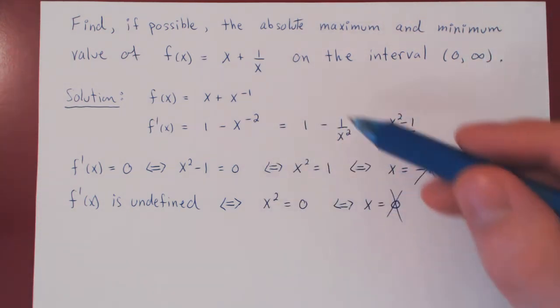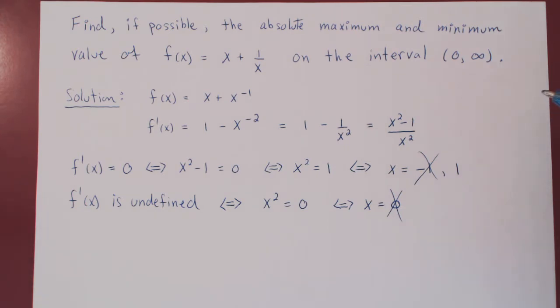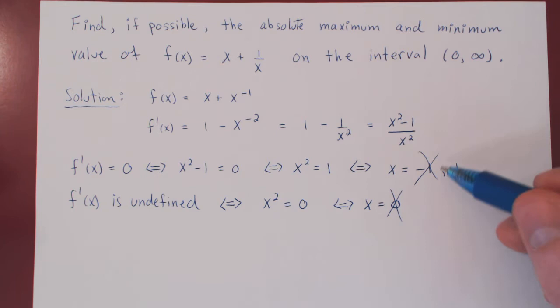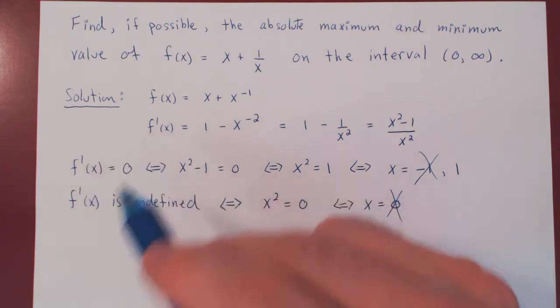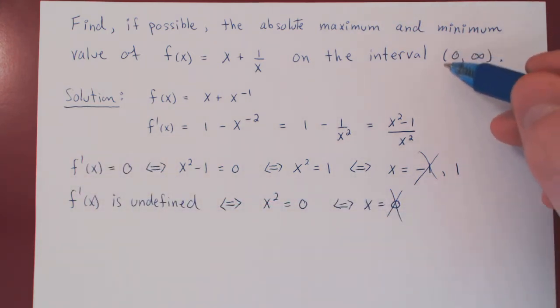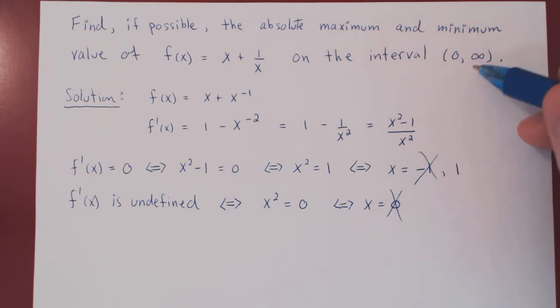So here what we'll do is we'll fall back on producing a rough sketch of the function, and we'll study the function around the points of interest, namely our only critical point where the derivative is 0, and we'll study the function around 0 and around infinity when x is very large.